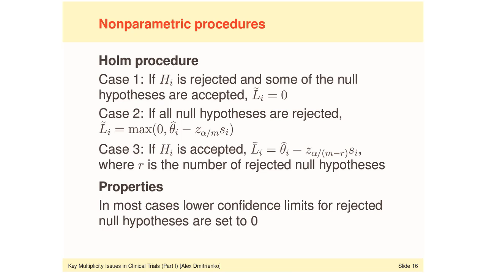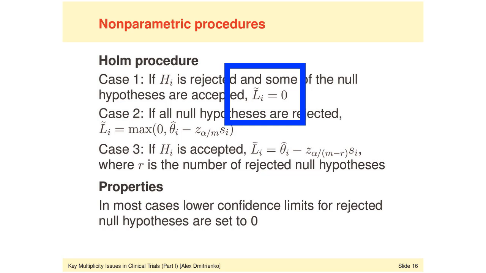And this slide shows the algorithm used for defining lower limits of one-sided simultaneous confidence intervals for the individual parameters in an estimation problem when multiplicity is adjusted using the Holm procedure. This is actually the second step of this two-step algorithm. The first step, if you remember, started with simply applying the Holm procedure and defining a set of rejected hypotheses. And then, depending on how many hypotheses are rejected, there are three possible cases.